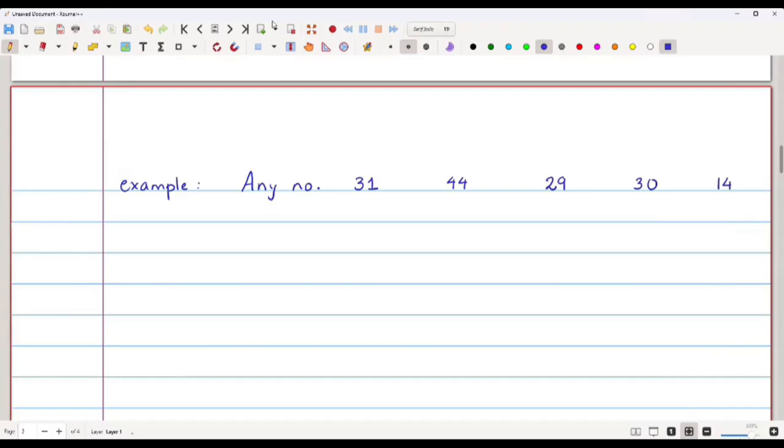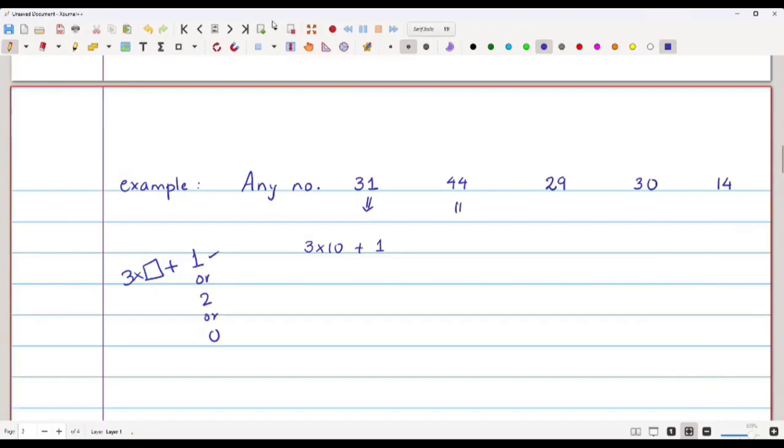Any number, if I divide, see this number 31, you can write it as 3 into something plus something, 3 into something plus either 1 or 2 or 0. So how can I write 31? 30 I can write as 3 into 10 plus 1.